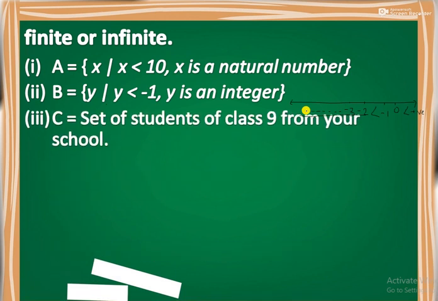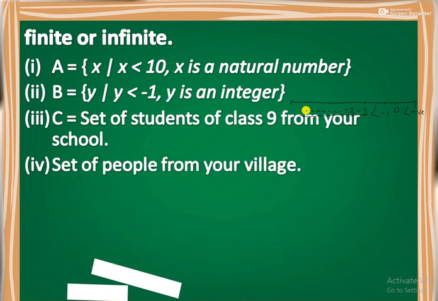That's why we can say that it is an infinite set. So next one, C is a set of the students of class 9 from your school. So students, are you able to count the number of students from your school? Yes. You can count the number of students of 9th class of your school. That's why it's a finite set. The next one, the set of people from your village.